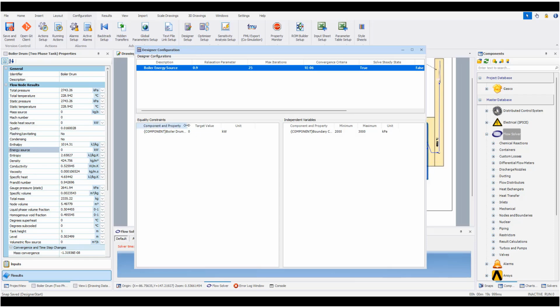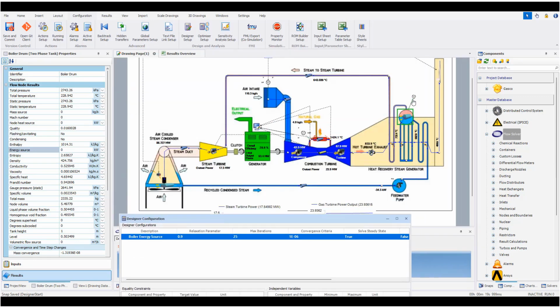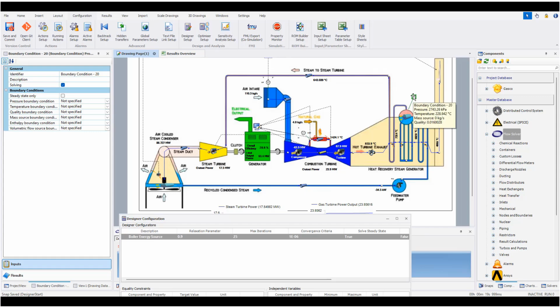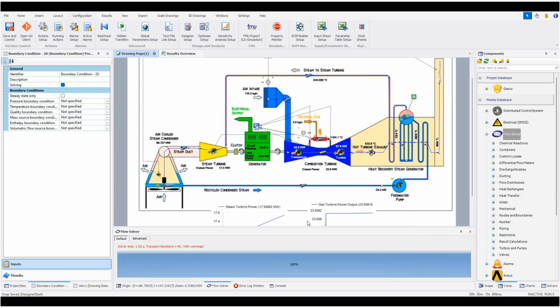The aim is to get zero energy source by changing the design, and this is by changing the pressures here, the pressure of the boiler drum.